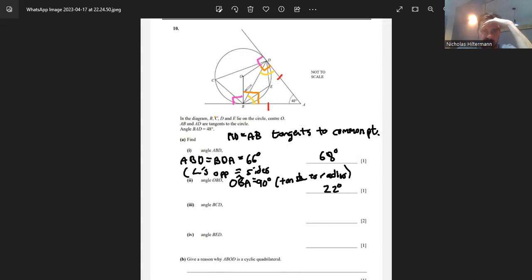So they're wanting BCD, this whole angle in purple here. Well, all I need to do is, I know that pink is a right angle. They want OBD, they want this one here. Oh no, wait, we just got that one. So they want BCD, they want that one.